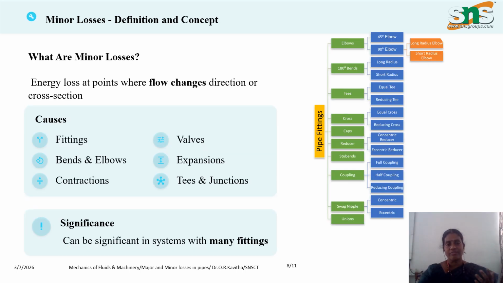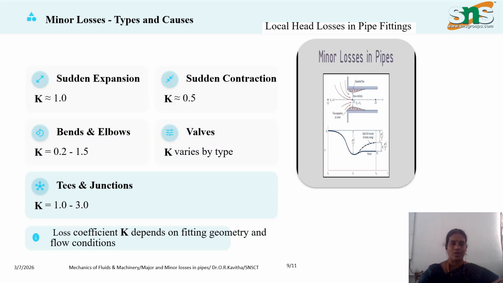If I take the minor losses, these may be due to fittings, bends and elbows, contractions, expansions, and the sudden introduction of valves, T-joints and junctions. All of these cause some losses, and we call them minor losses.